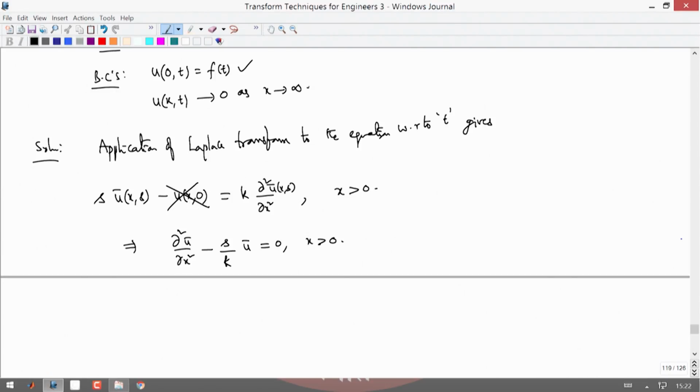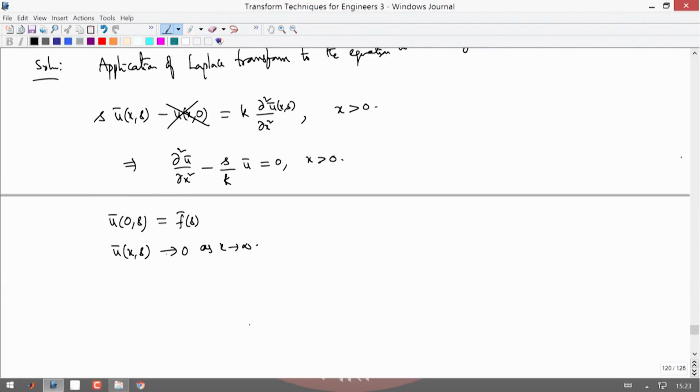Using the boundary conditions gives u bar at 0, s, after applying the Laplace transform for this condition, becomes f bar of s, and u bar of x, s goes to 0 as x goes to infinity. So, these are the two boundary conditions, and we solve this ordinary differential equation.